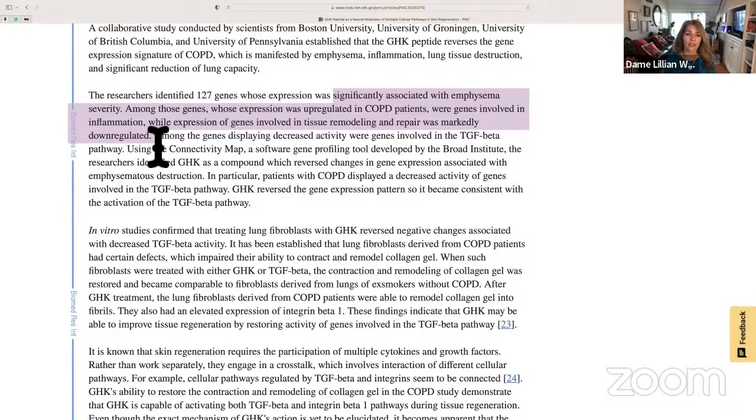And among those genes, the ones whose expression was upregulated in people with COPD were involved in inflammation, while the presence of genes involved in tissue remodeling was markedly down. So that means there was very little expression of genes that were actually remodeling the body, which is just going to make that condition much, much worse. It'll be a progressive worsening of that condition until you turn around the gene expression to upregulate anti-inflammation, etc. Does that make sense?